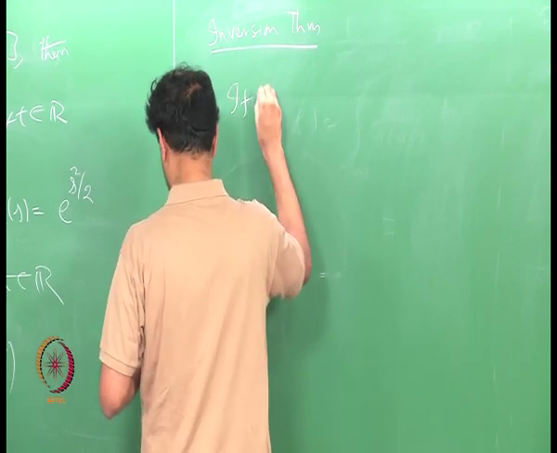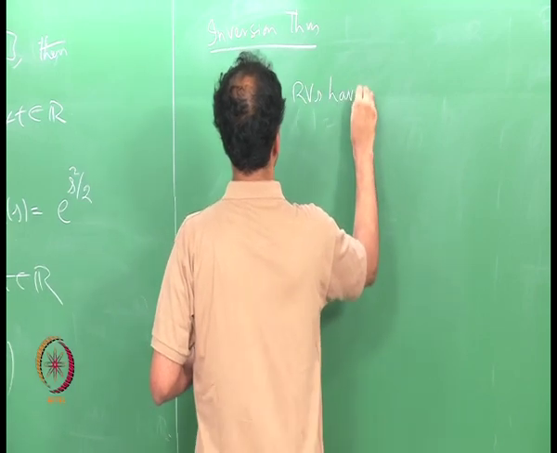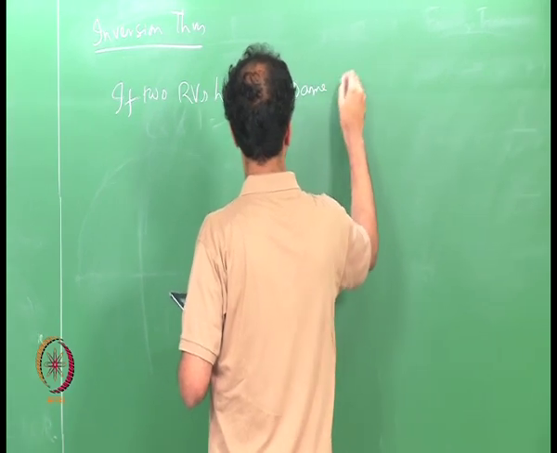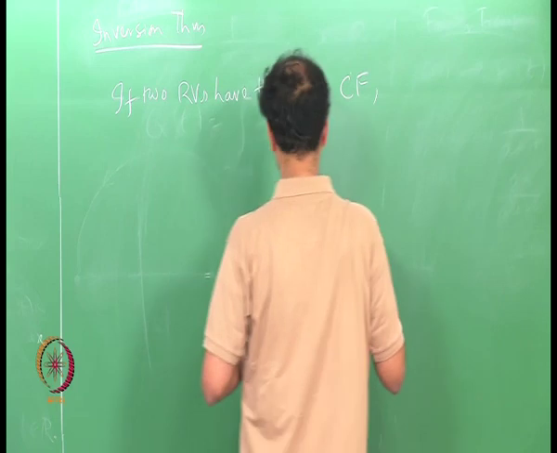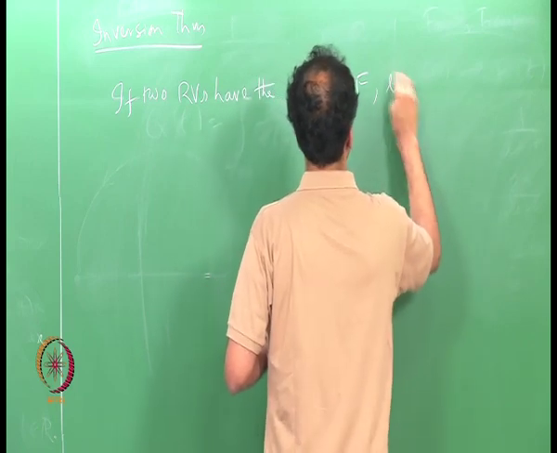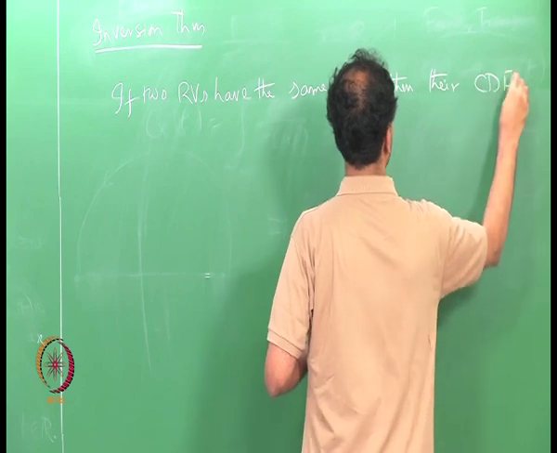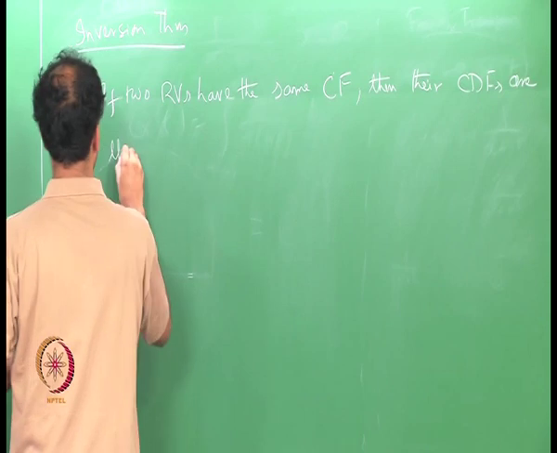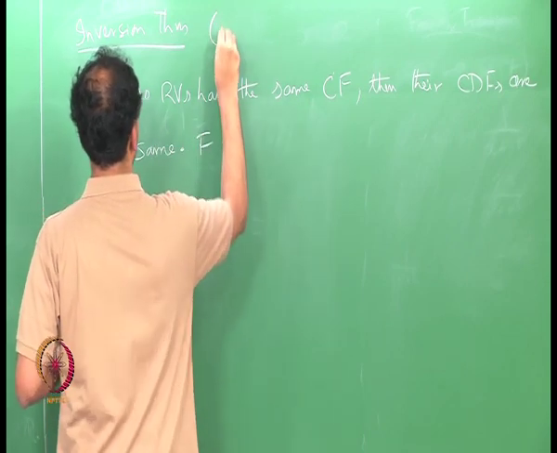If two random variables have the same characteristic function, then their CDFs are equal, are the same. So, without proof.